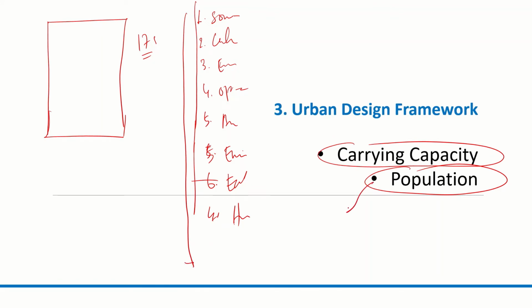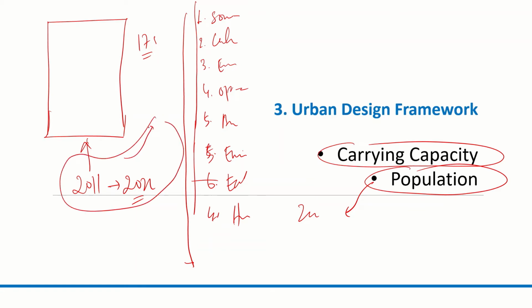Now, based on the secondary information, we know what the population is, I think based on 2011, and we can update it to 2022 based on your site visit, and you can collect information from the municipality, and it can be projected as well. Okay, this is not a big deal.